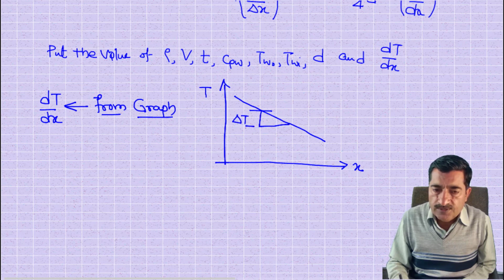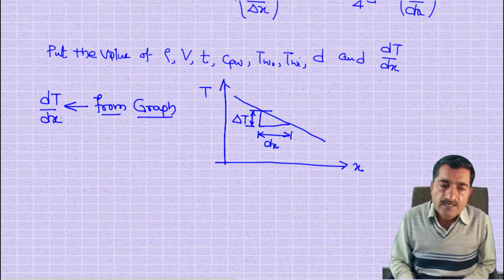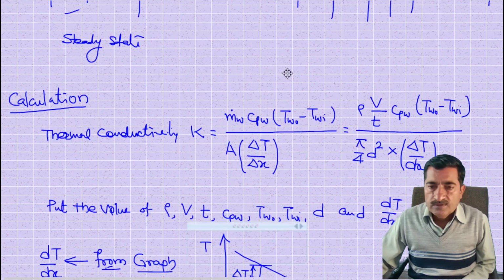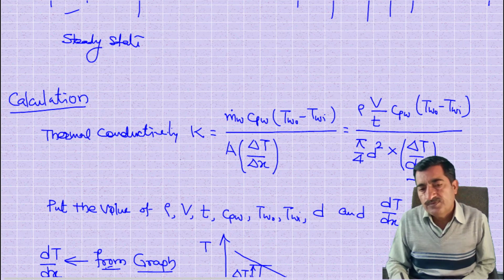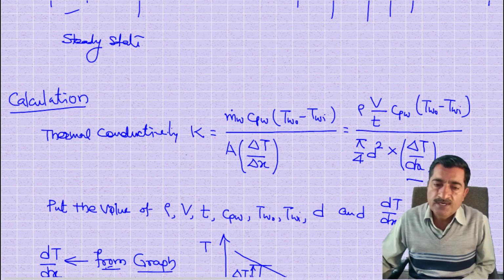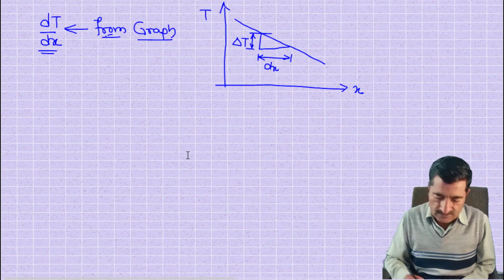This is dT and this is dx. Now calculate dT by dx, put dT by dx in this equation, and other values which are rho, V, t, CPW, TWO, TWI, diameter, and dT by dx.